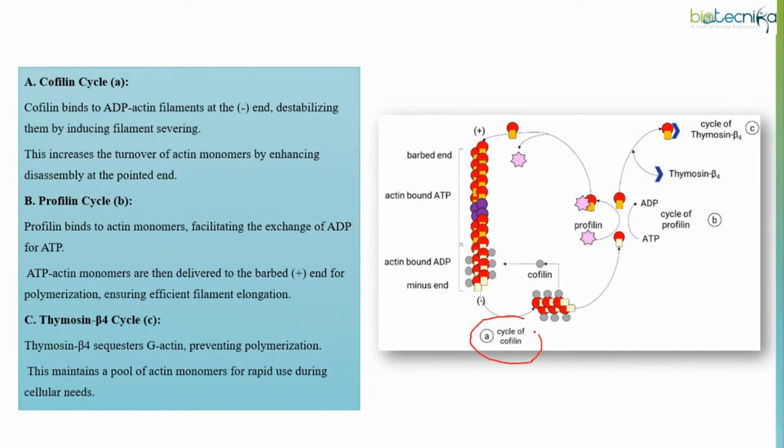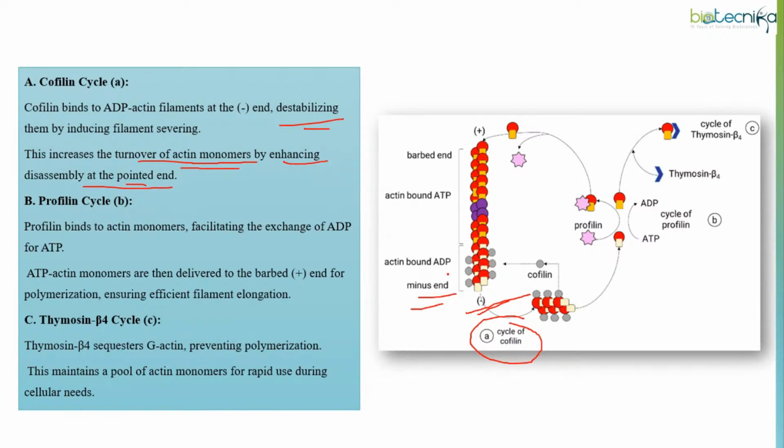In the cycle of cofilin, as I told you, they will be binding towards the minus end of the actin filament. Minus end means obviously involved in destabilization. So this increases the turnover of actin monomers by enhancing the disassembly at the pointed end.